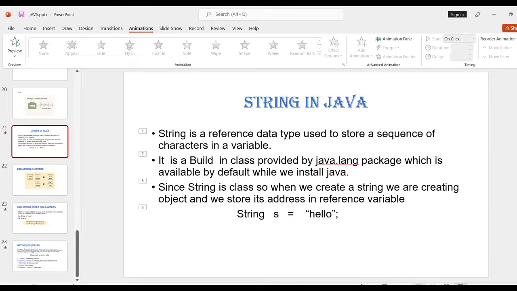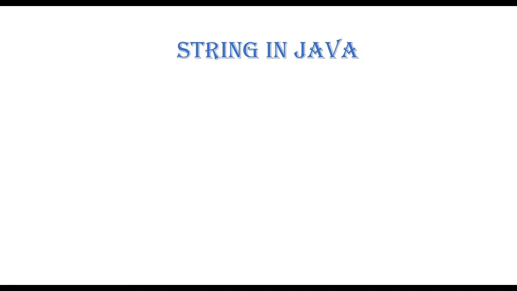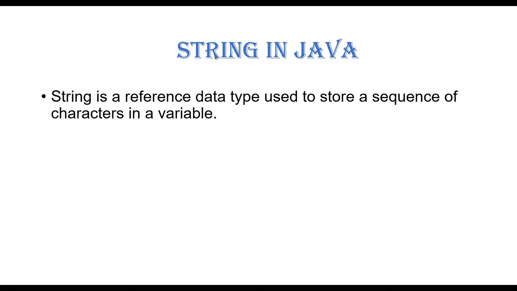So actually, strings are a reference data type that is used in order to store a sequence of characters inside a variable. You have seen that we use String like we use char for a character, followed by the variable name, say s.